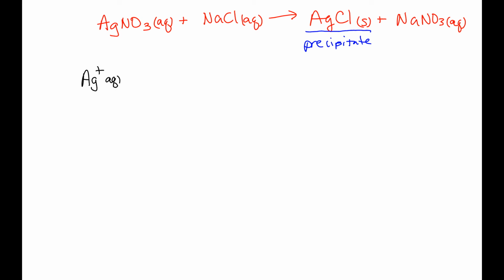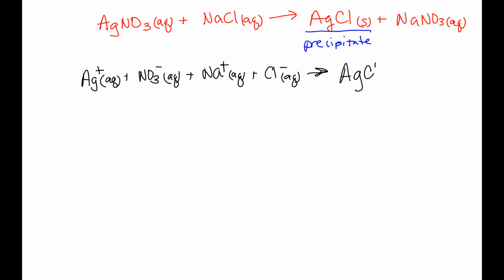So you have your silver plus your nitrate, okay, plus your sodium, plus chlorine, oh, that's a plus, by the way. Yields. Now, what you're going to notice, since it's a solid, it is not aqueous. We do not break apart the solid.